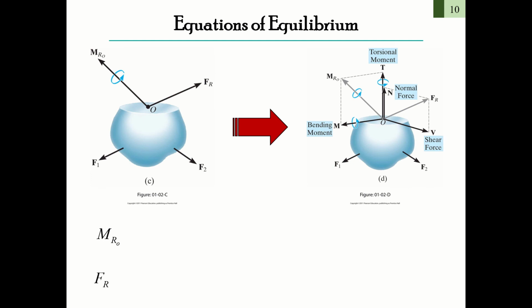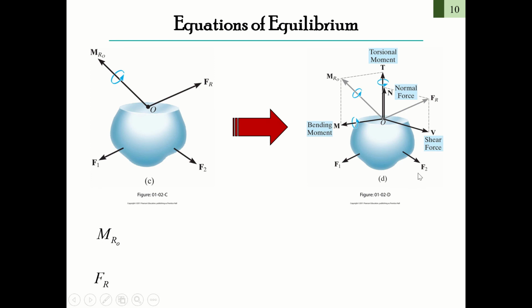is equal to the square root of N squared plus V squared, the squared result.